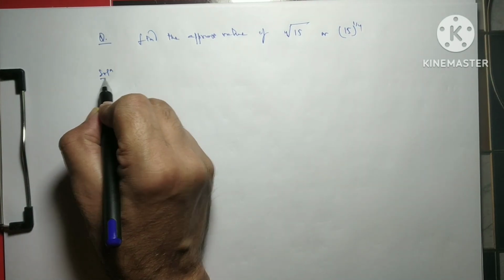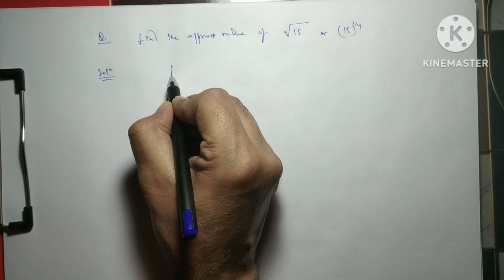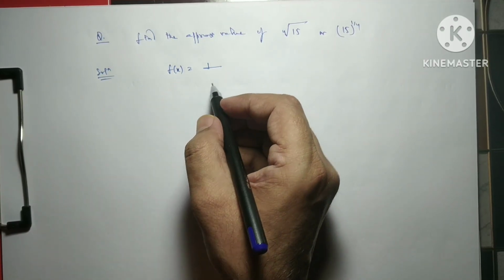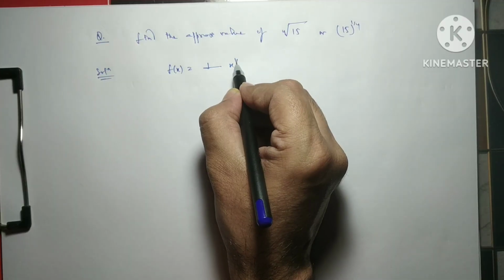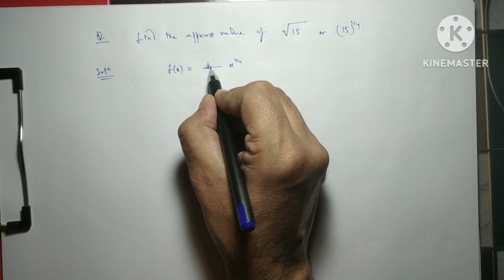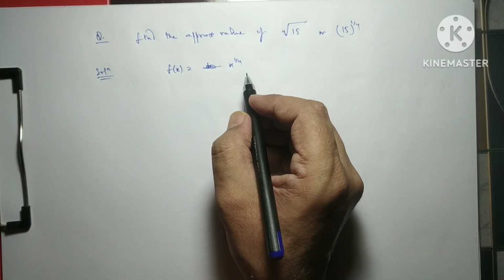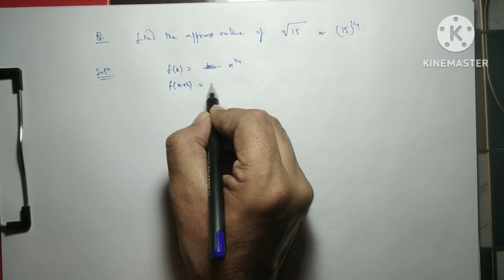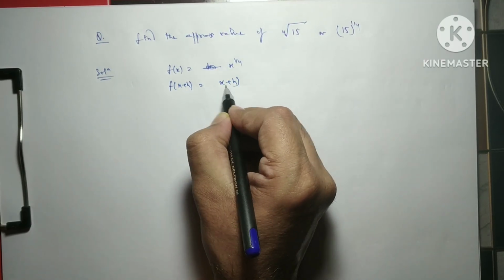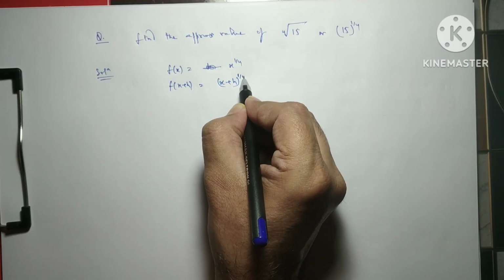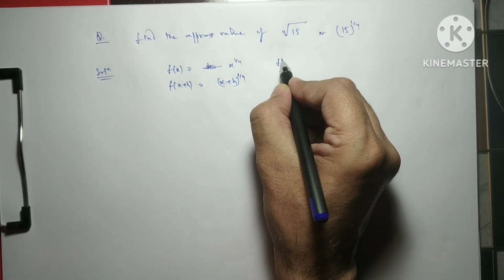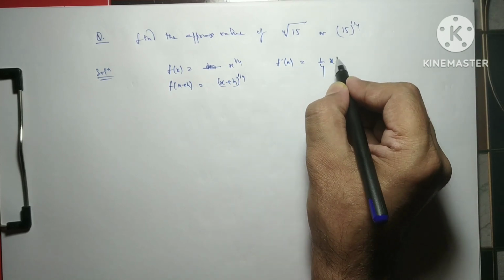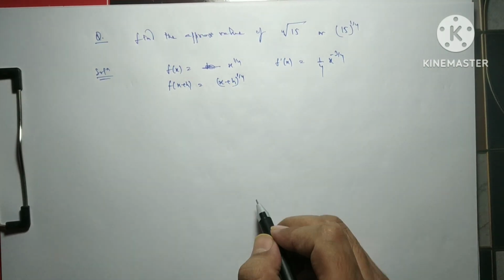So function should be x to the power 1 by 4. So f(x+h) will be (x+h)^(1/4), and the derivative of this function will be 1/4 x to the power minus 3/4.